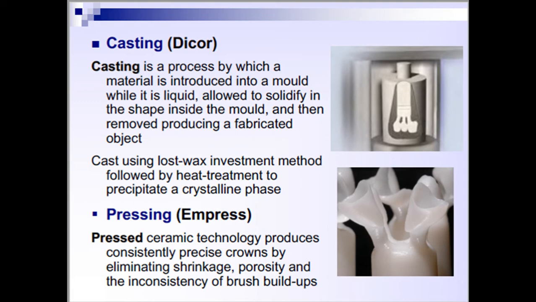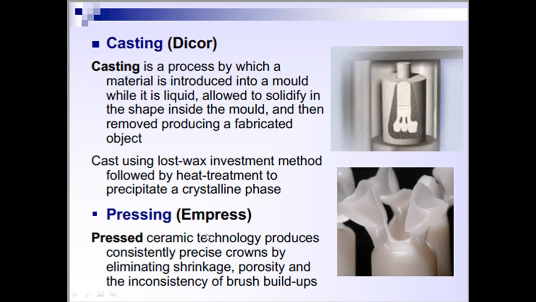So the next processing technique is casting. I think you all know how this happens. We have a wax pattern which is invested, then we put it in a preheating furnace, we take the wax out and then flow the metal into it with the help of a centrifugal casting machine. So this is how it's going to happen.